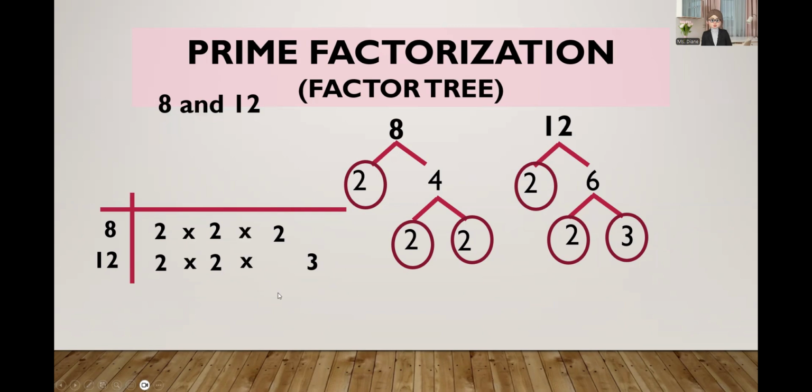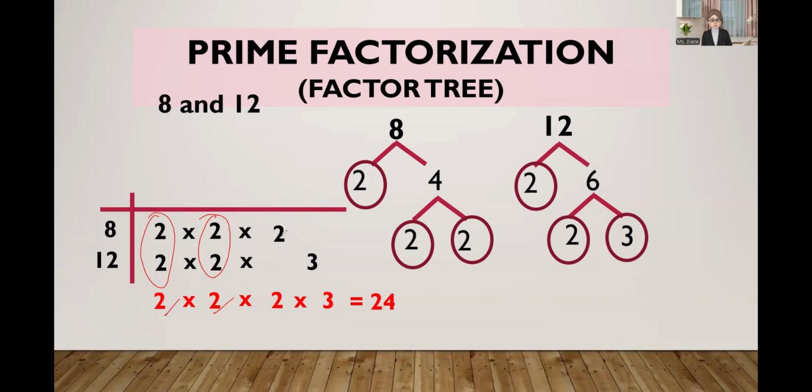As you can see, we listed them all, but we have to remember that you have to bring down all the common prime factors. So we bring down 2 here, and we bring down 2 here again.